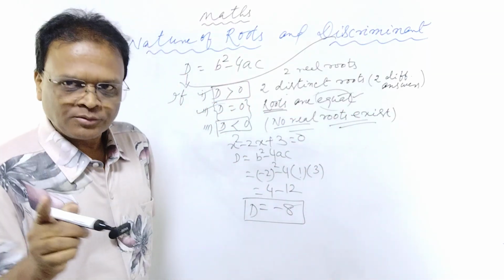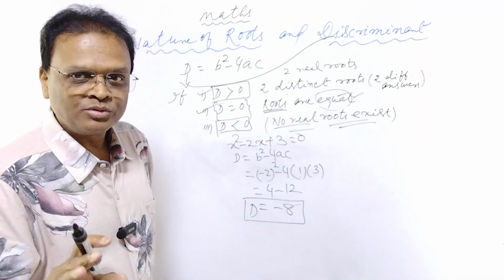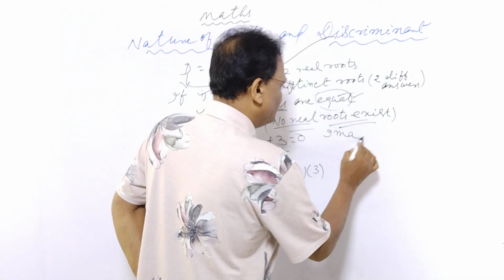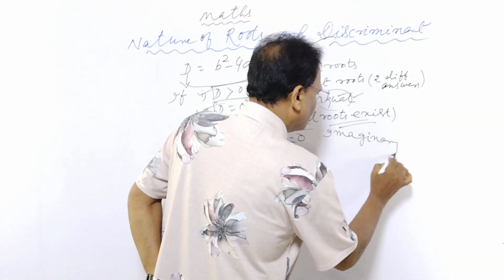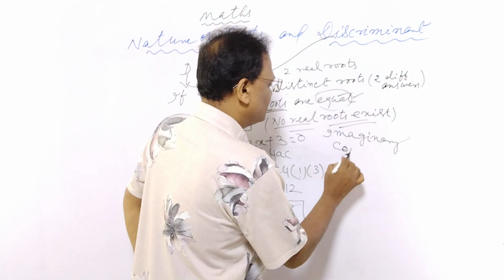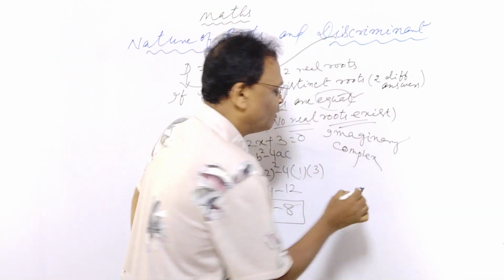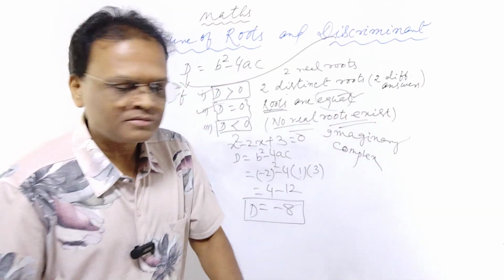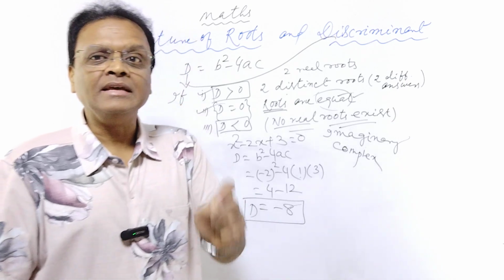If D is less than 0, we can't find the roots. In fact, we can write that the roots are imaginary, or the roots are complex, or there are no real roots. Real roots don't exist.